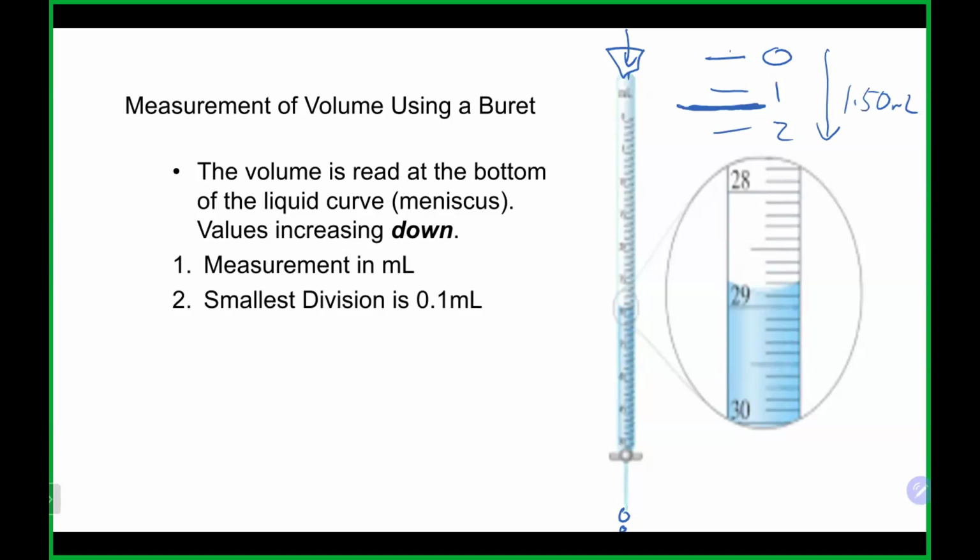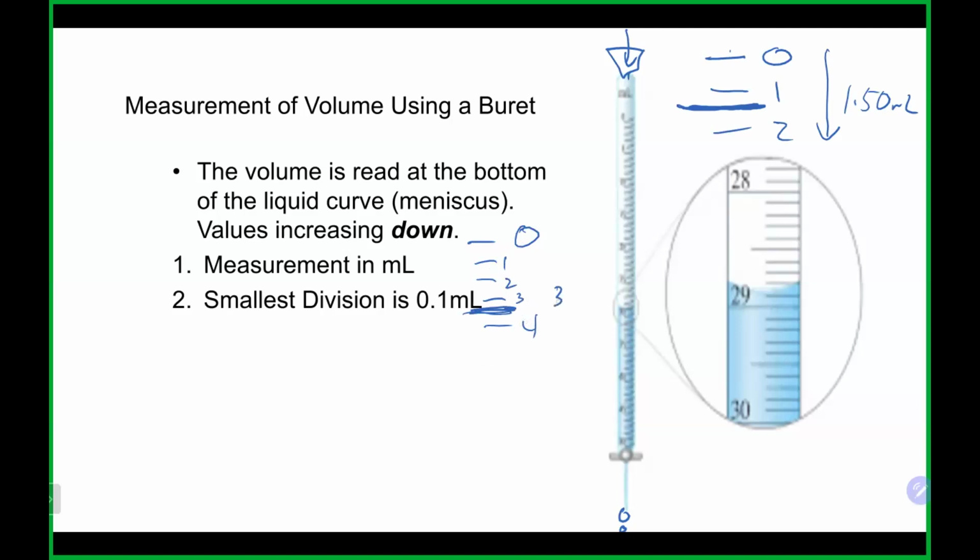When you use a burette to take a reading, for example, let's just say in this example you started at 0, and let's say you drained it down to here, right? So if that's 0, that would be 1, that would be 2, that would be 3, that would be 4.